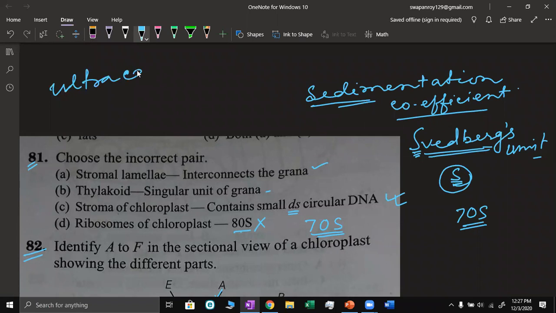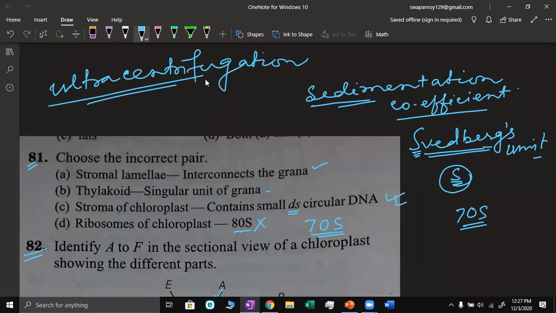In ultracentrifugation it rotates at more than a lakh rotations per minute. The solution is kept in a centrifuge tube, and then in this centrifuge it is rotated, that is, by applying centrifugal force.